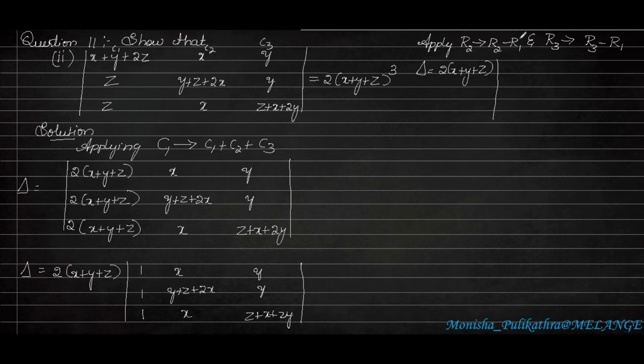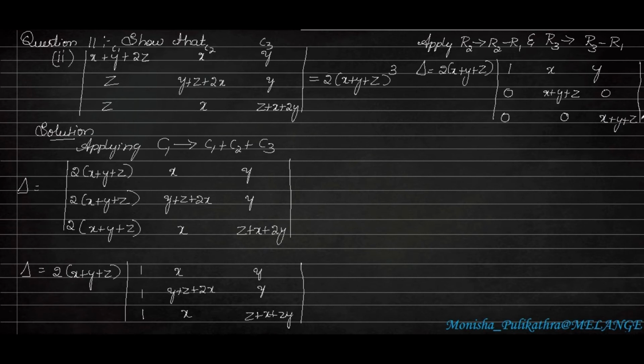So for row 2 and row 3 we are taking changes. The first row will remain as it is, so 1 x y will remain as it is. By subtracting row 2 minus row 1, it will become 0, and this will become x plus y plus z, and this will be 0, and next is 0 and 0 and x plus y plus z.